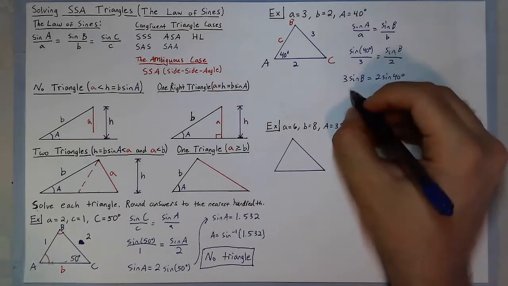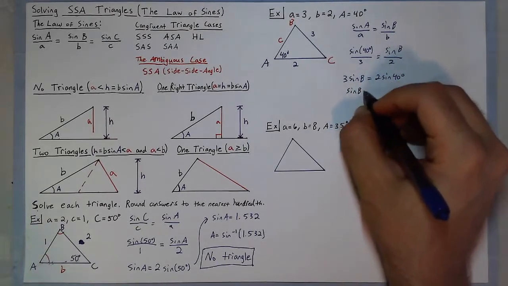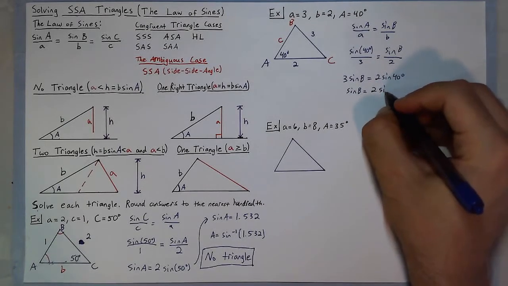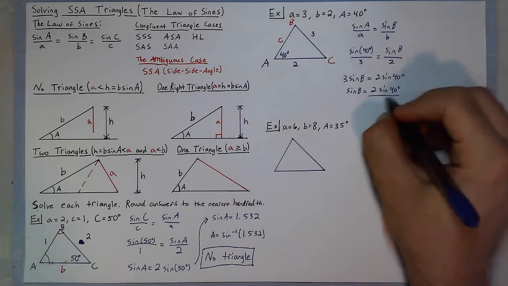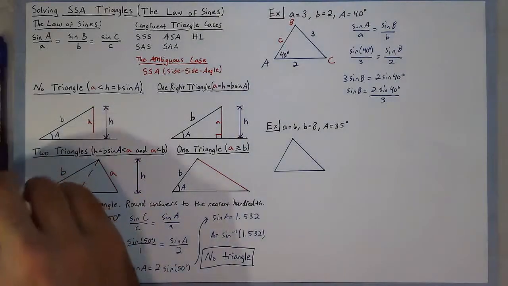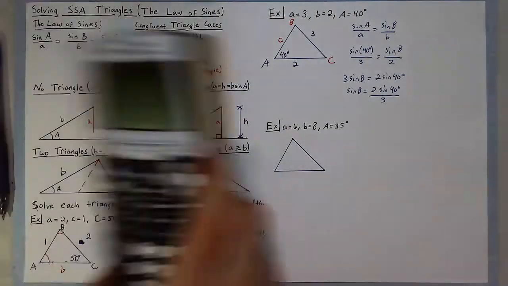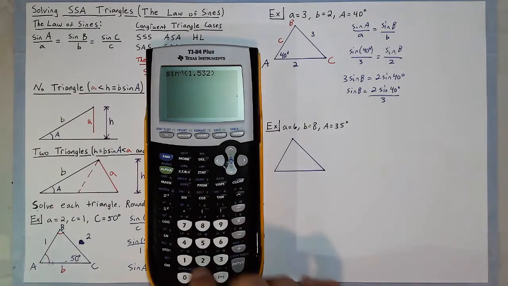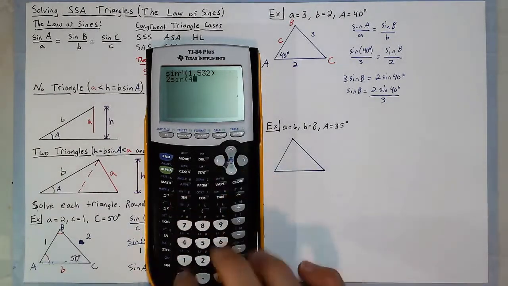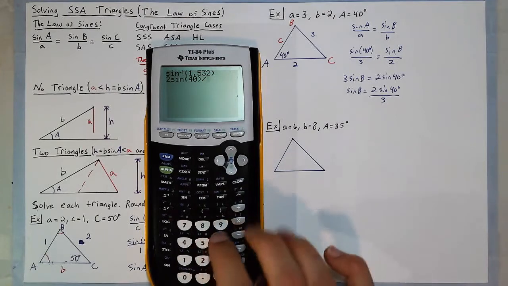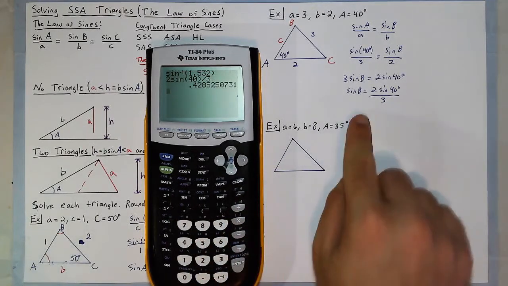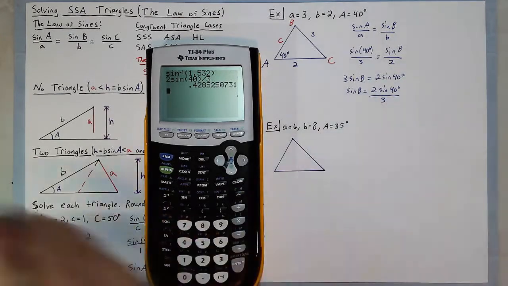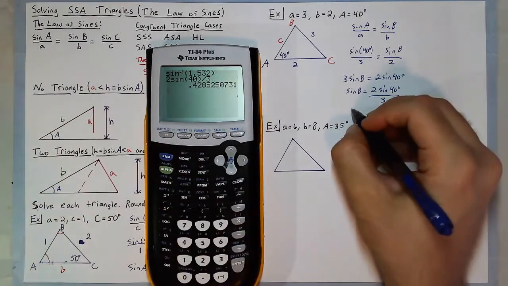Then I can divide by 3, so sine of B equals 2 sine of 40 degrees all over 3, which when I plug that in, 2 sine of 40 degrees divided by 3 gives me 0.42, which is definitely a possible value for sine.